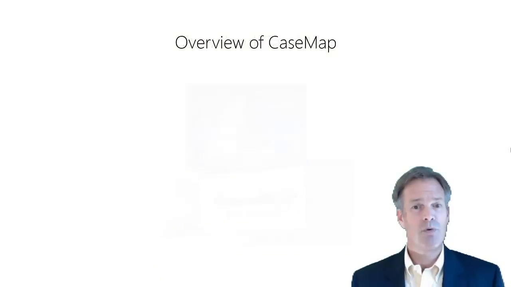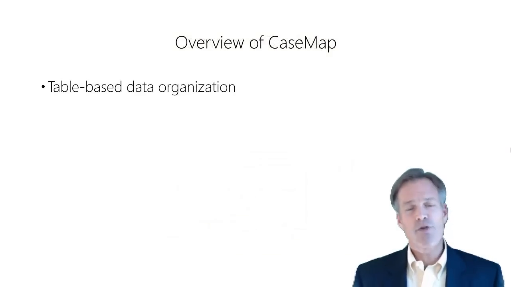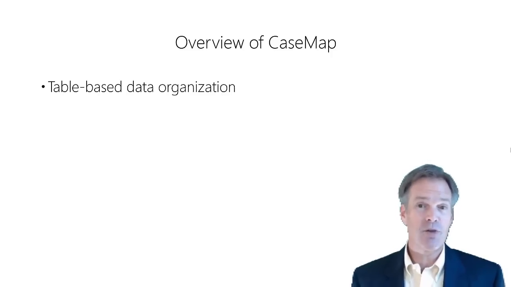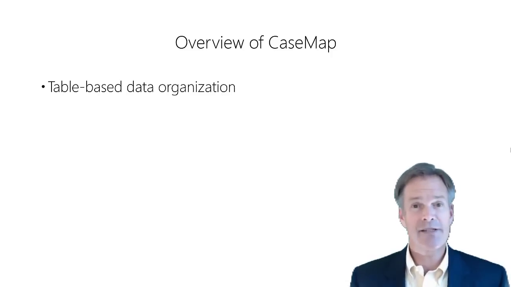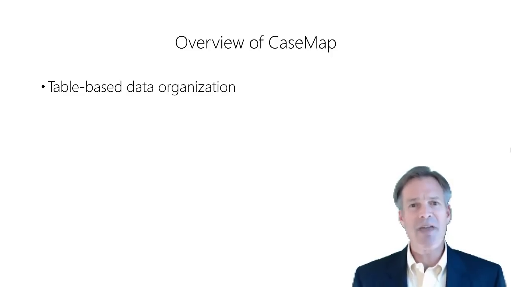And what is CaseMap? Well, of course, the best way to understand what CaseMap is and the way it works is to go to LexisNexis and download it. You can download a 30-day free trial version. And as with any software, the only way to learn how to use this program is to play with the program, is to download it.